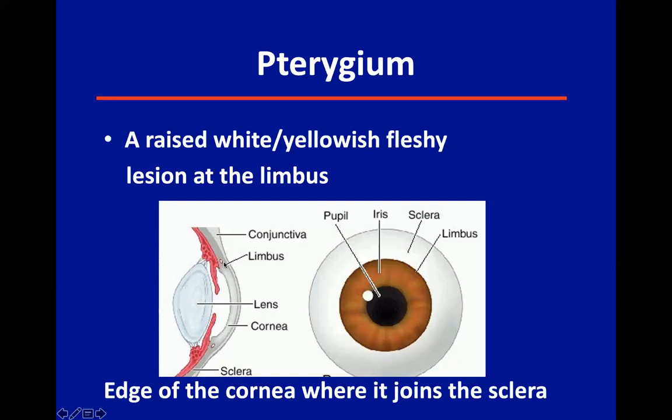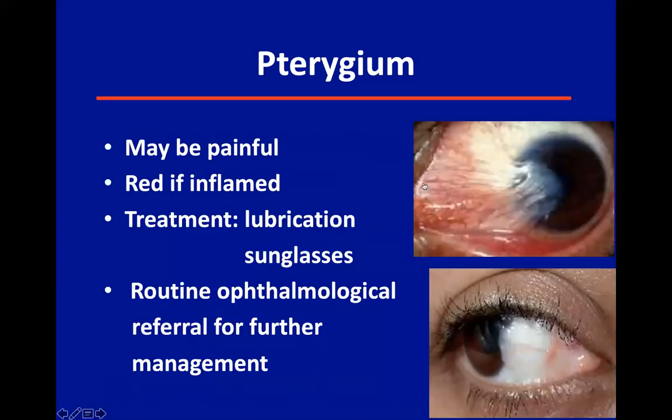So pterygium is a raised white, yellowish, fleshy lesion, and it's usually at the limbus. And here it is. So it comes here, and then it comes to the limbus, and then in advanced cases, unfortunately, it will traverse the limbus and actually go on the cornea, as you see nicely here.